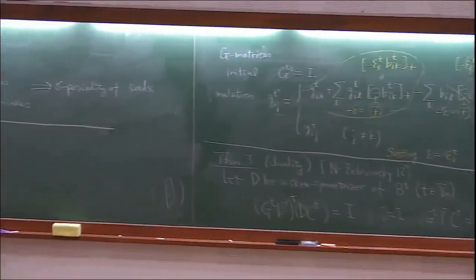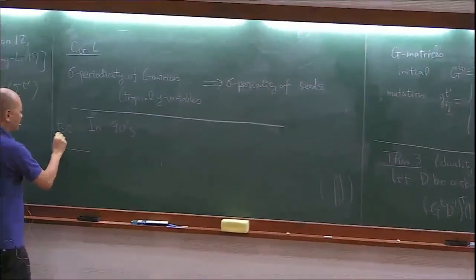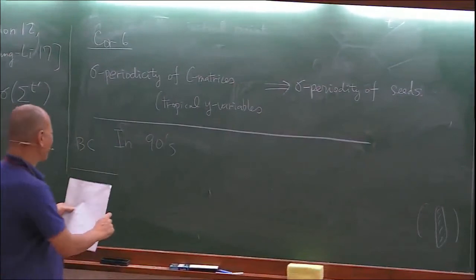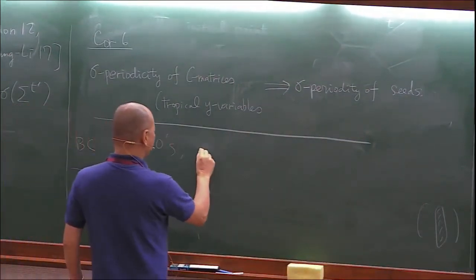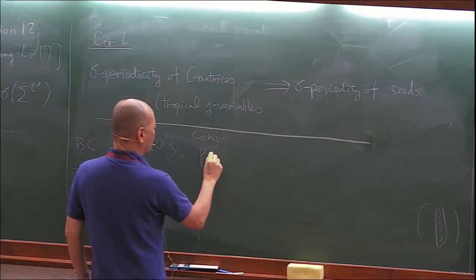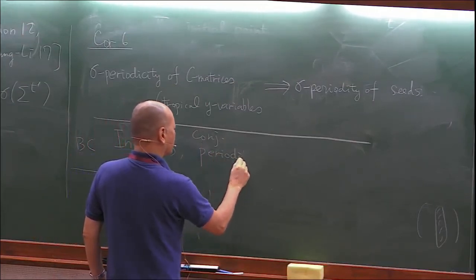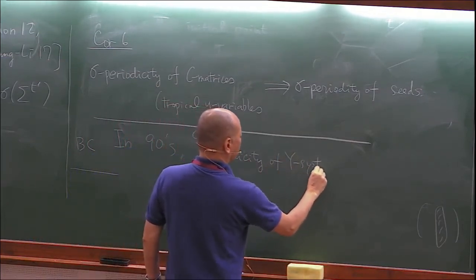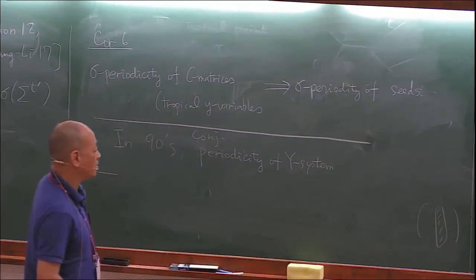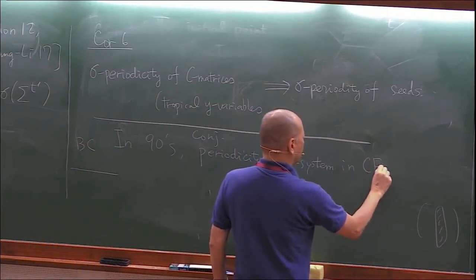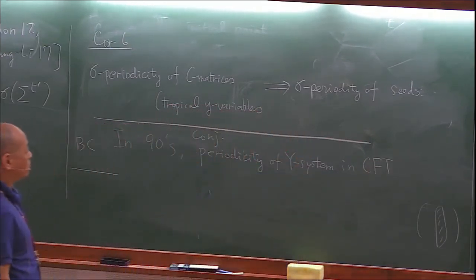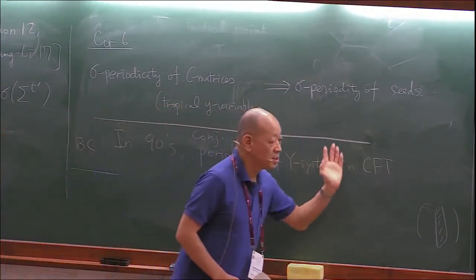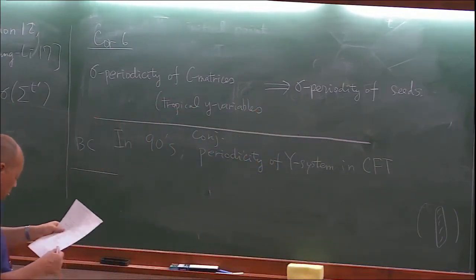So in the 90s, before cluster algebra, there were a lot of conjectures on periodicity of what is called the Y system, which appeared in the context of conformal field theory and integrable systems. Starting with Zamolodchikov, and many people, including myself, predicted such things from the consistency of some physical model.